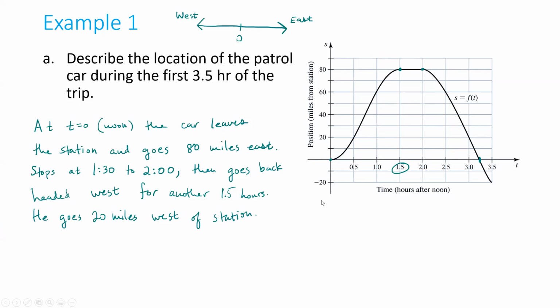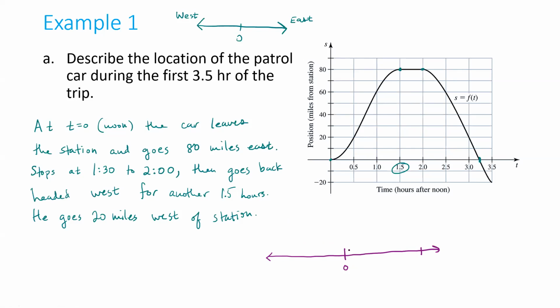In the end. Okay, so if you want to imagine how his position is changing. At t equals 0, he starts at the station, which we're putting here.